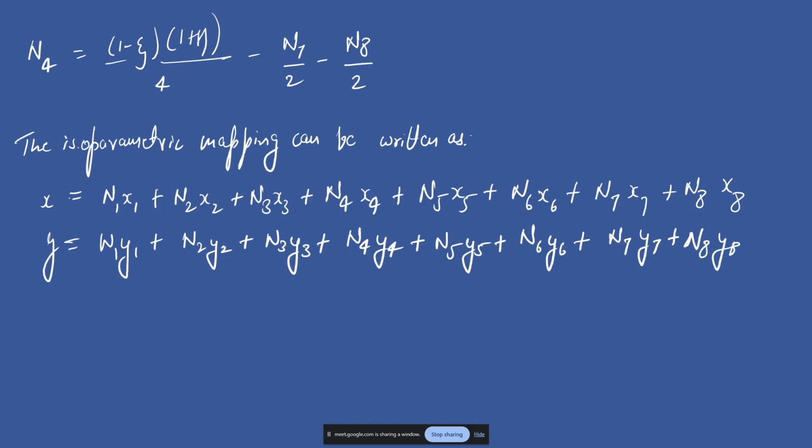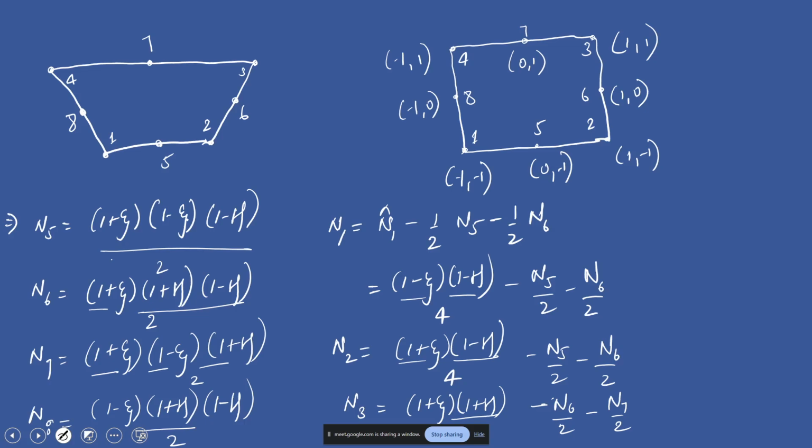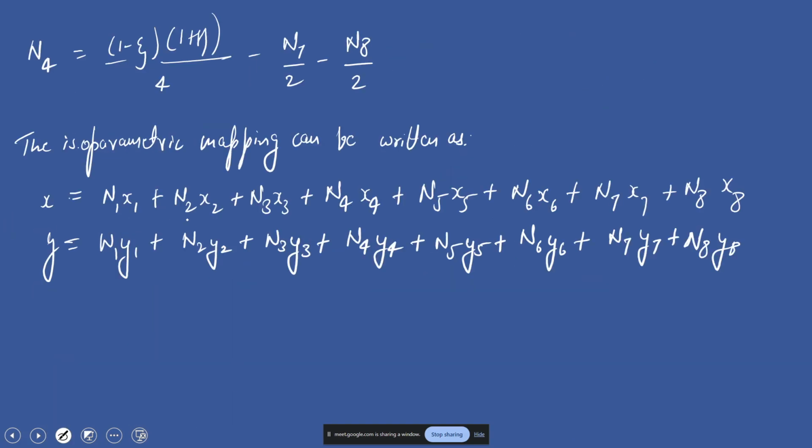So once you have the isoparametric mapping, it can be written as x comma y in terms of shape functions, n1 x1, n2 x2, n3 x3, accordingly so on. So you have defined your shape functions. Utilizing those shape functions, you can write your xy, and you know your coordinates also, x1, x2, x3. So you will get the final value of xy.